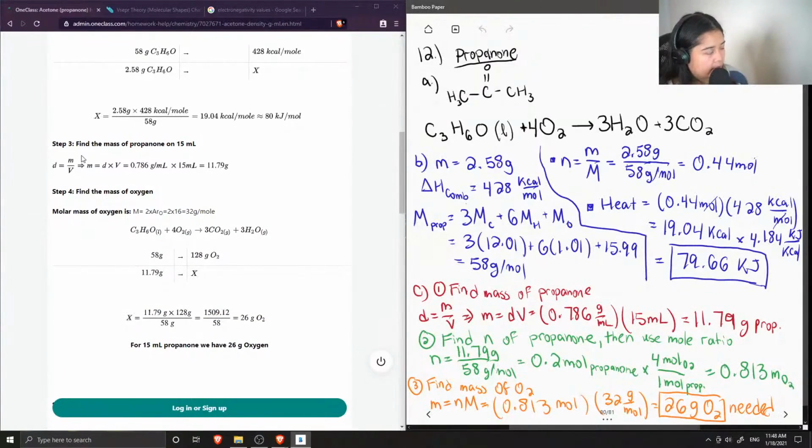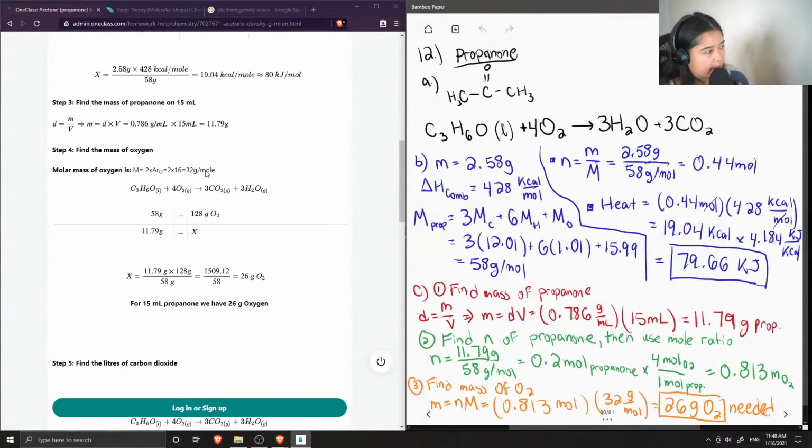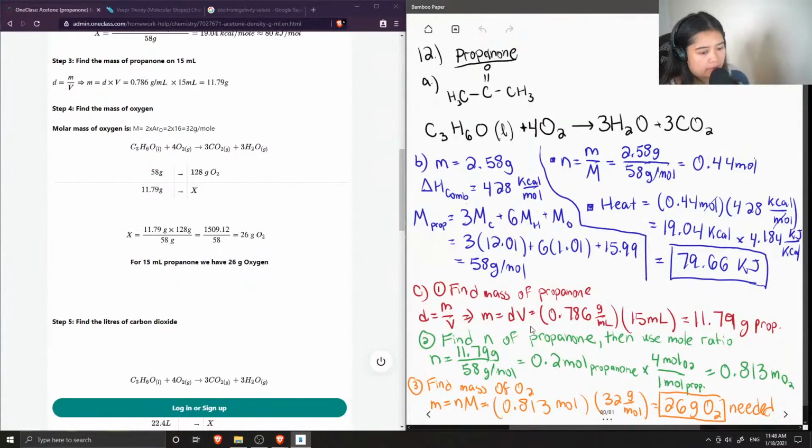Step 3 is to find the mass of propanone in the 15 milliliters. So they got 11.79. And then by using molar ratios, calculate the mass of oxygen. Yep, so they also got 26 grams.